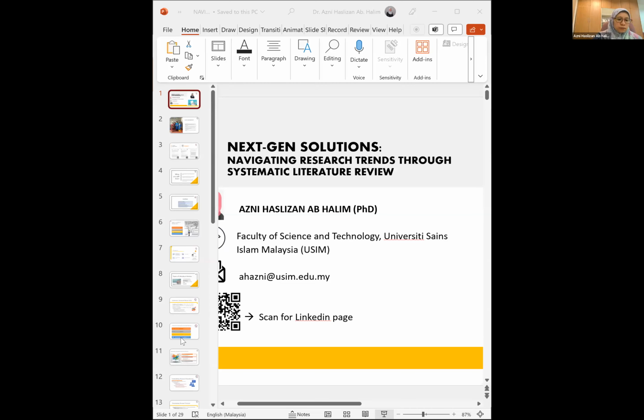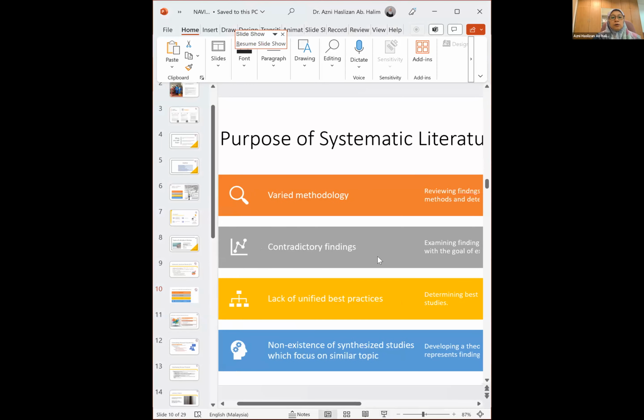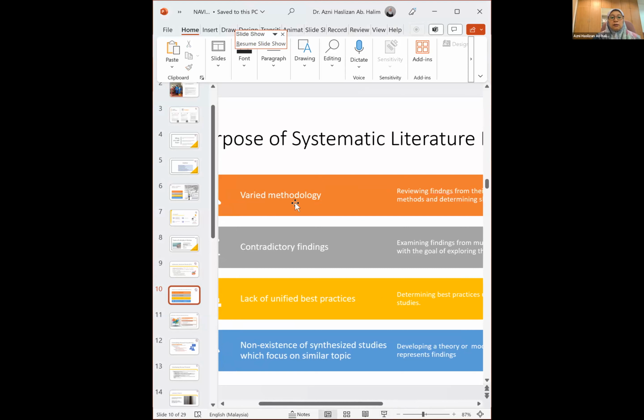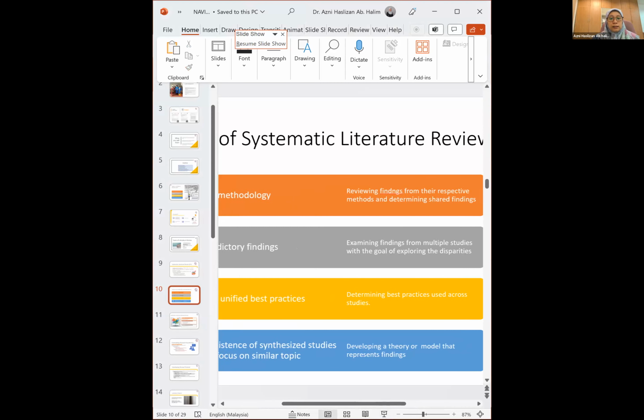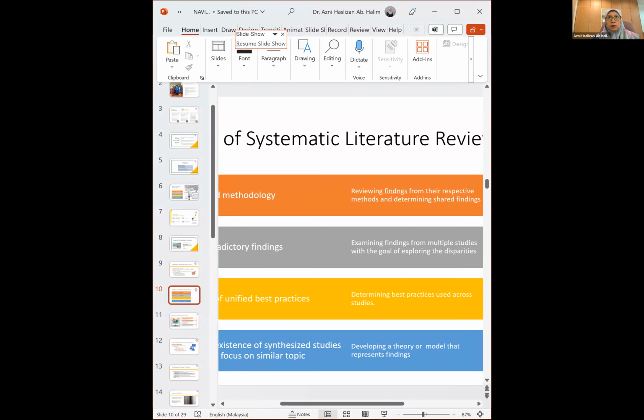So, the purpose of study. When you read the papers, you may find a few studies doing something with a different methodology, and you wonder why people are doing it differently.